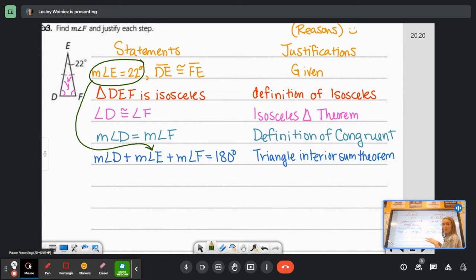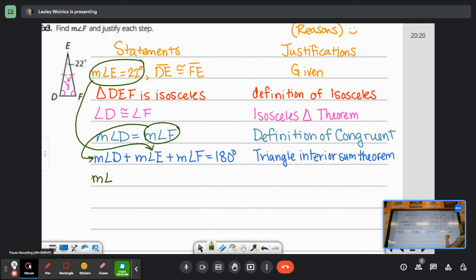I don't care about angle D, so I'm going to get rid of the angle D measure and replace it with an angle F measure because I want angle F. The measure of angle D is just equal to the measure of angle F. So I'm going to put those in there together.